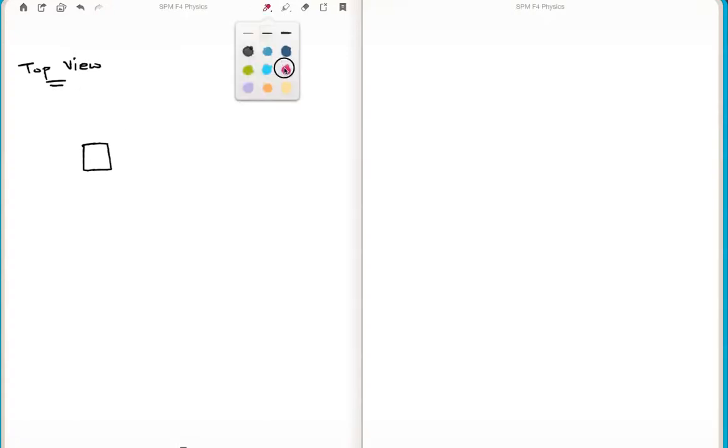This box is pulled by one person to the right, 12 Newton, and then another person pulling it to the left-hand side, 8 Newton.